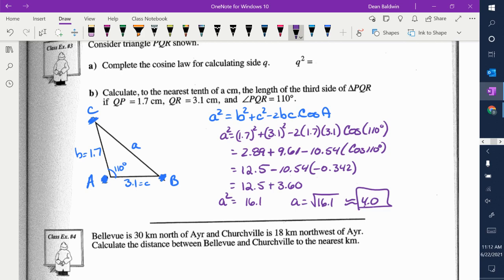How can you have a negative angle? No, the angle's not negative. The value of the cosine is negative. You'll learn that in math 12. You just don't know enough yet. Did everybody get that? Okay, I'll leave it up.